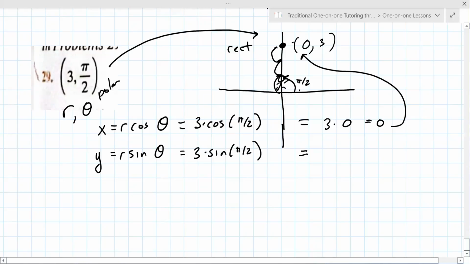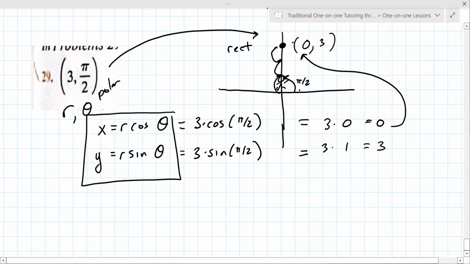How about the sine of pi over 2? On the unit circle, 1. So it's 3 times 1. So you're going to use these two equations to convert from polar to rectangular.